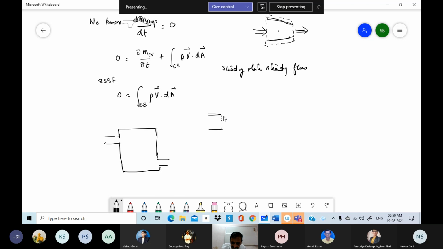So if the Reynolds number is small, let's say if the flow rate is small, in that case, it remains laminar. But if the flow rate is very high, it becomes turbulent. If it is laminar flow, in that case, the velocity profile is parabolic.